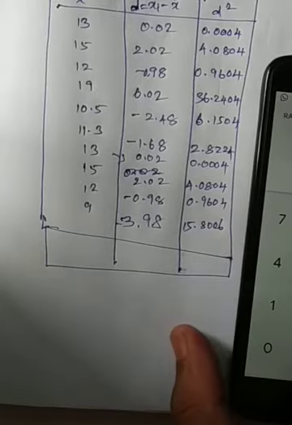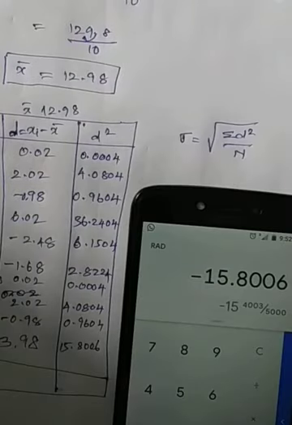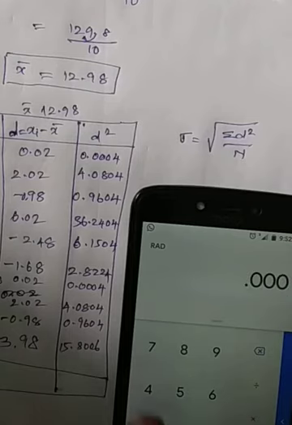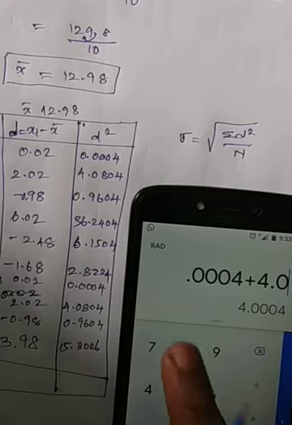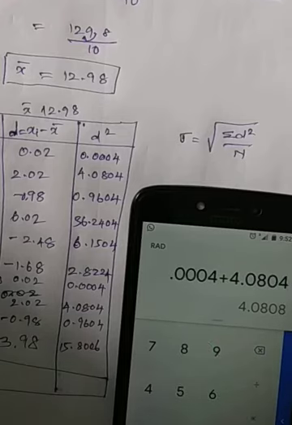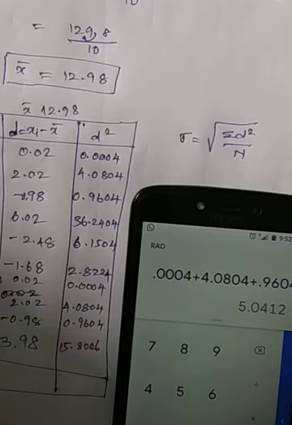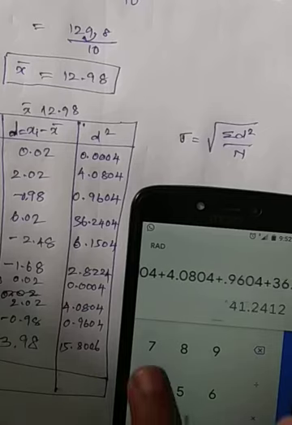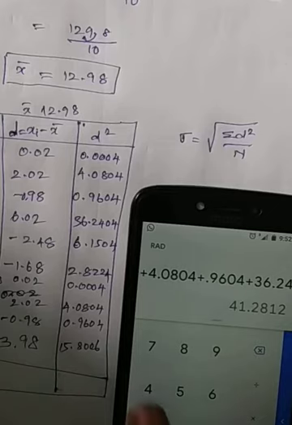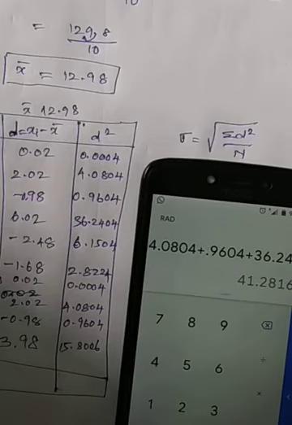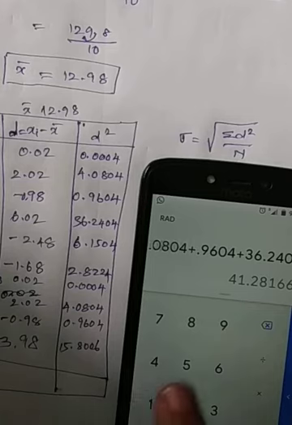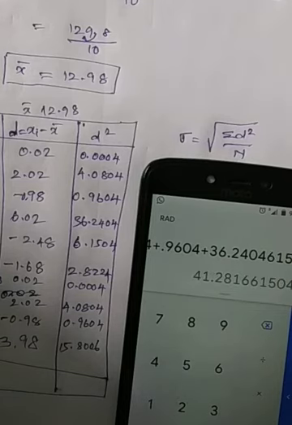Now I have to add all this data. So let me check this one. First one, 0.0004. Next one plus 4.0804. Next 0.9604. Next one plus 36.2404. Next one 6.1504.